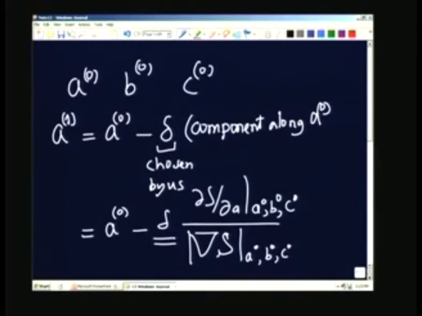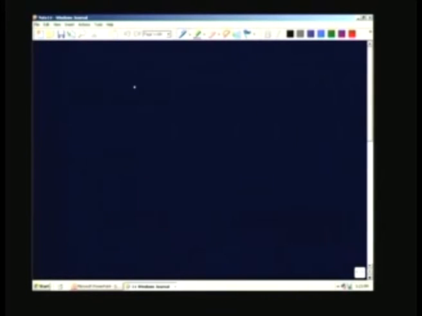Okay? So, if I do that, what I should expect is, if I were to plot, let us just look at one dimensional case, just to see what is happening. So, this is the point where the value was S0.